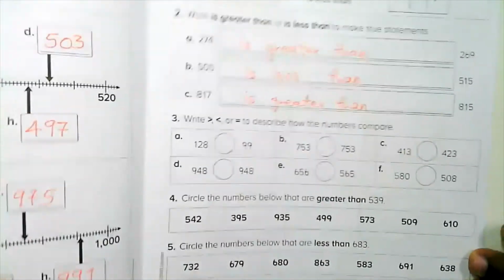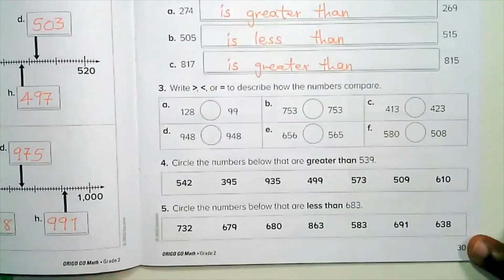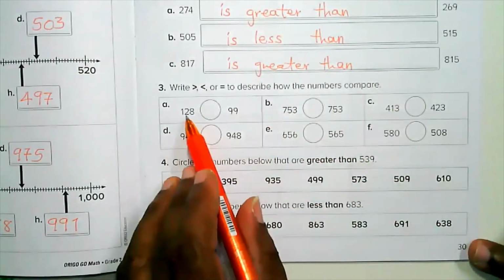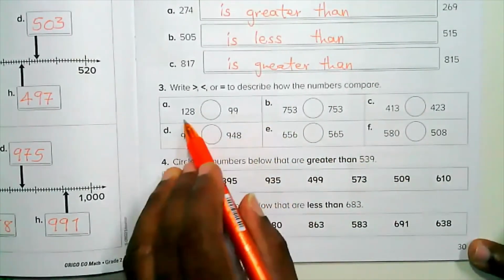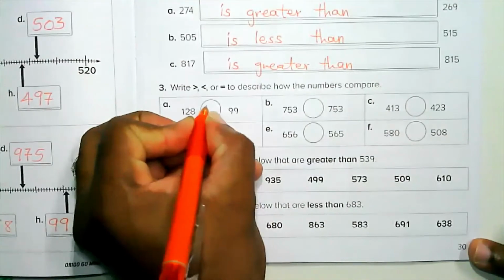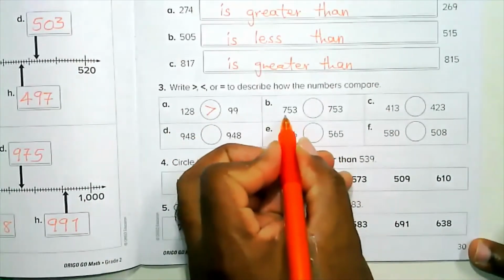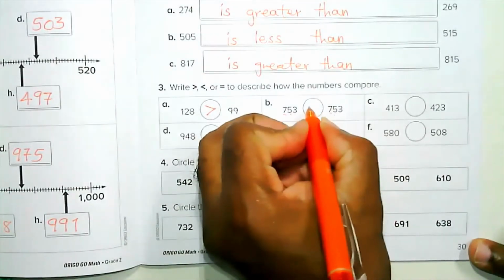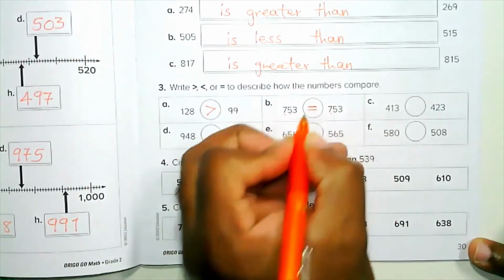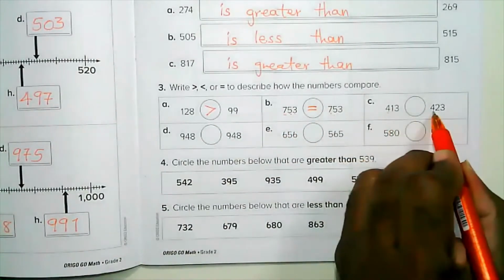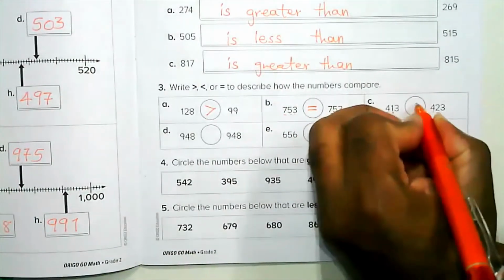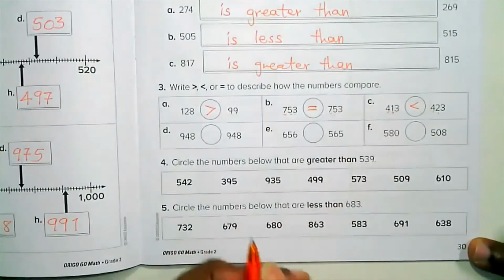Now, number 3. Write the symbols to describe how the numbers compare. So this has no 100, this has 100, so it's greater than. The same 7, the same 5, the same 3, so we say equal. The same 400, 100 is less than 200, so we write less than.